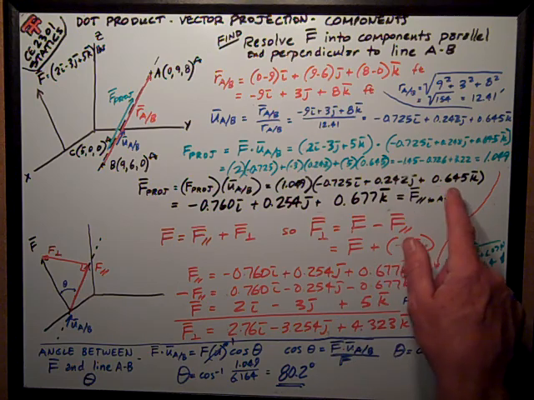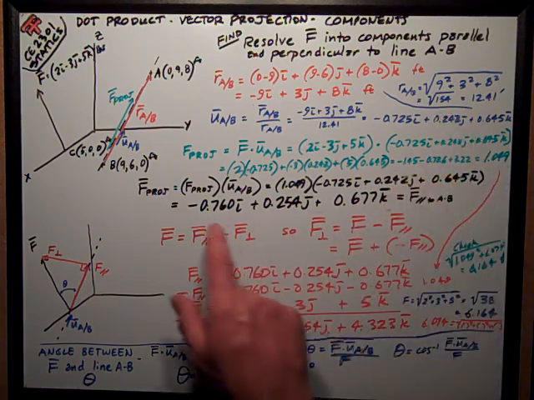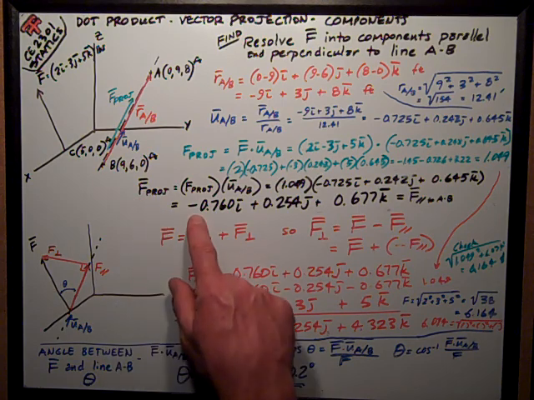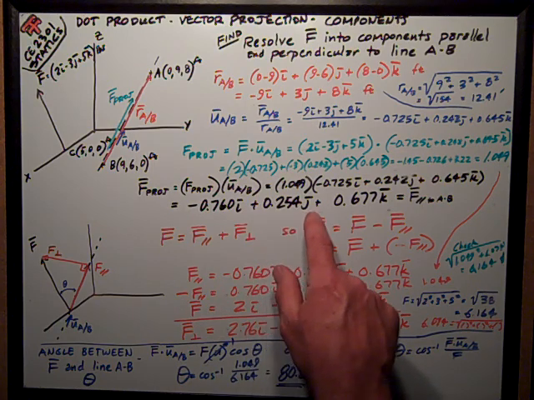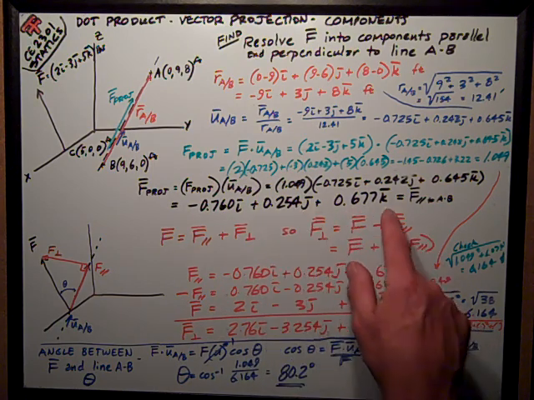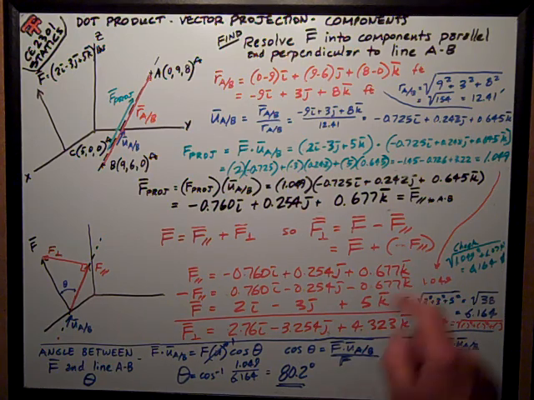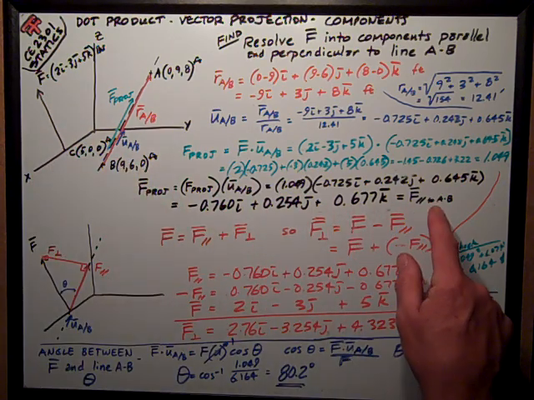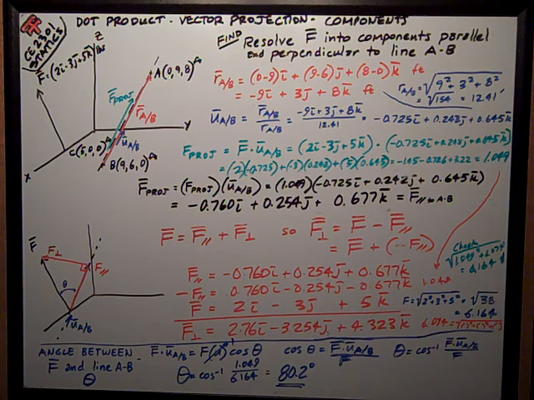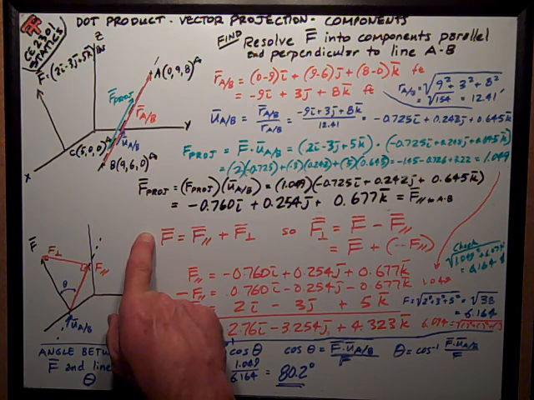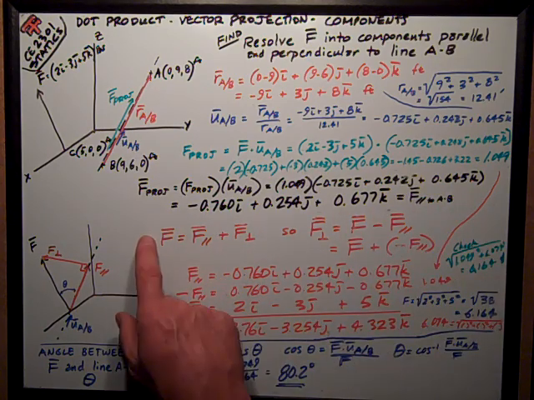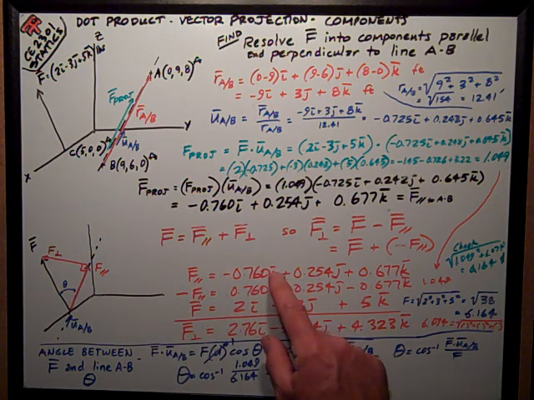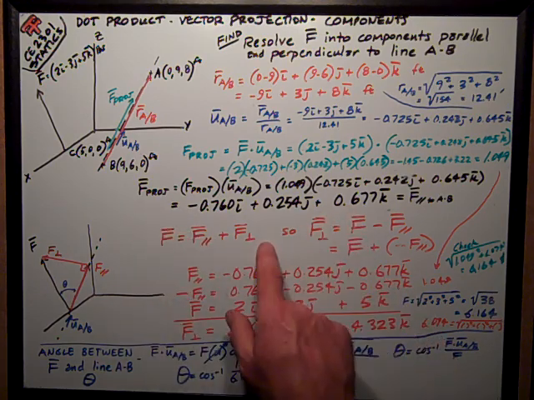Here's UAB from up here, and I'm left with the vector F projected in Cartesian format, which is negative 0.760i plus 0.254j plus 0.677k, and that is the vector of F projected on line AB in Cartesian form. Now, that's half of my answer. I also want to know the vector that's perpendicular to line AB.